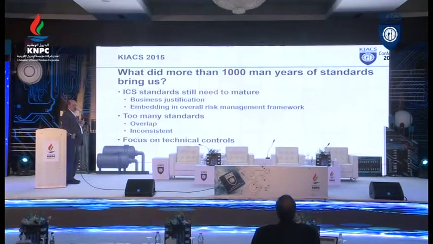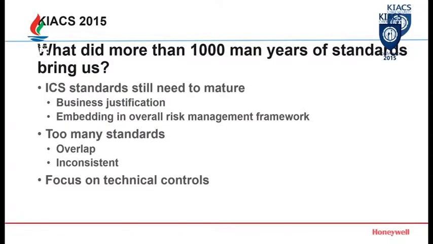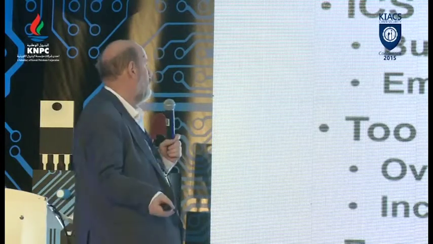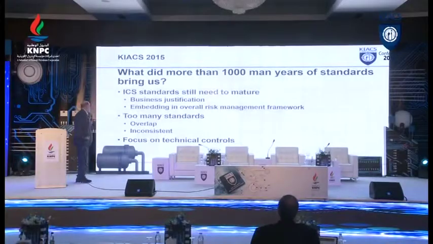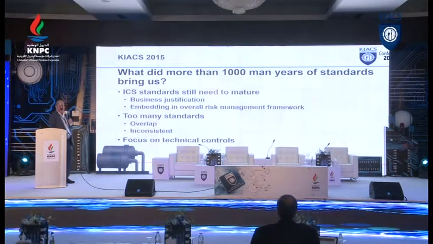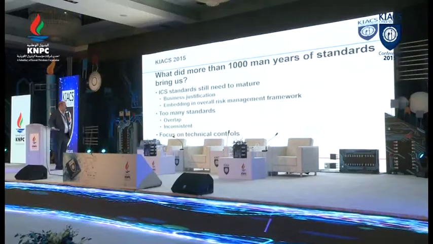If you start adding up all these standards and estimating how many man hours there are in a standard, you get more than 1,000 man years of work in there, lots and lots of different standards. What did they bring? Well, I think they still need to mature, because some of them are old, and some of them are not providing exactly what we need at this moment. They're not aligned with real problems.